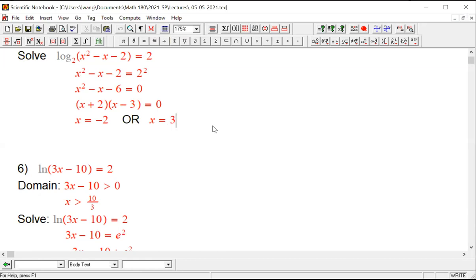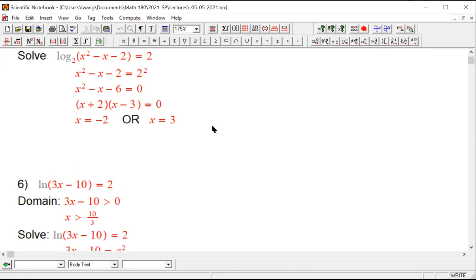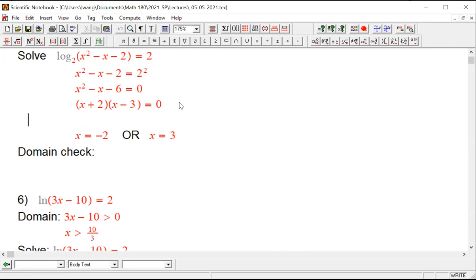Okay? And then what? Domain check. I kind of skipped a step. Okay, I can skip a step. But I don't think you mind, but I want to just put it there.